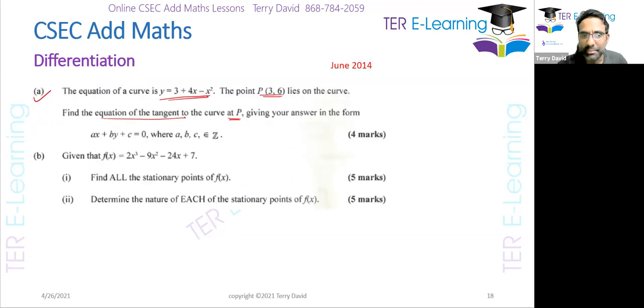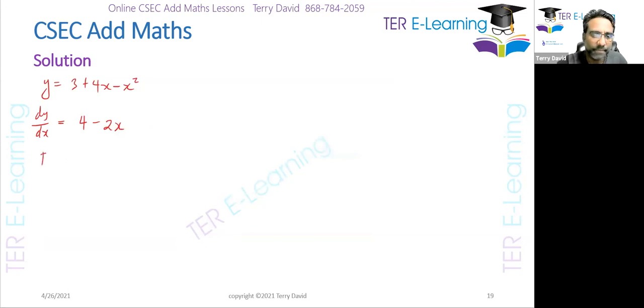Now, they told us that the point P is (3, 6), and that lies on the curve. So what we need to do, we need to find the gradient of the tangent at P. What we need to do, we need to take x equal to 3 and substitute it into my differential.